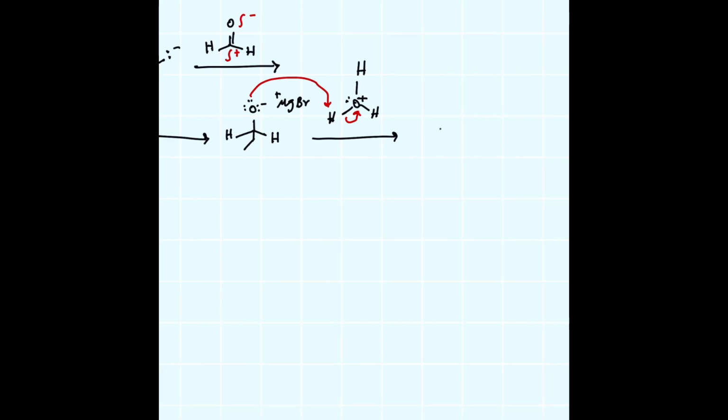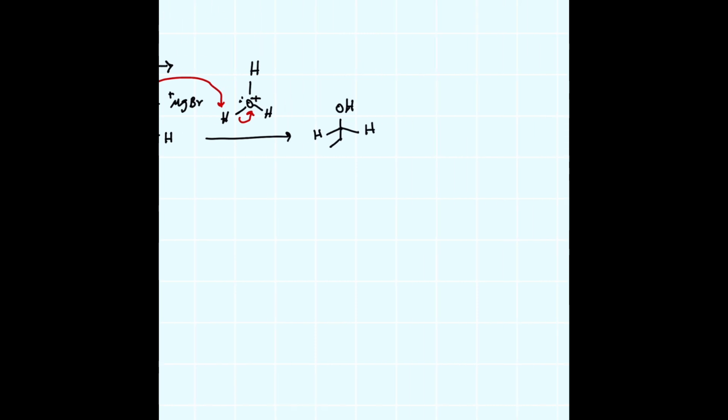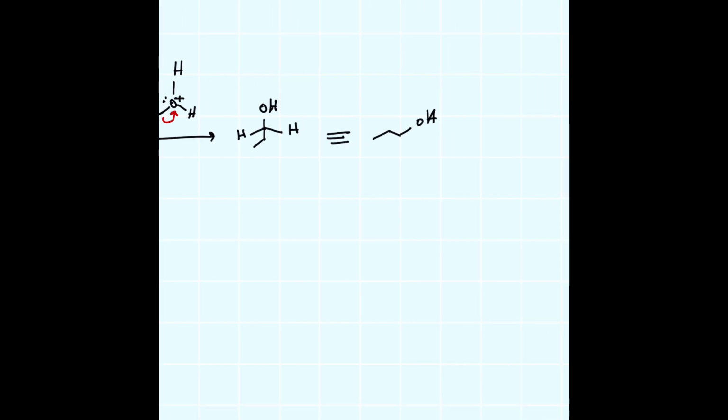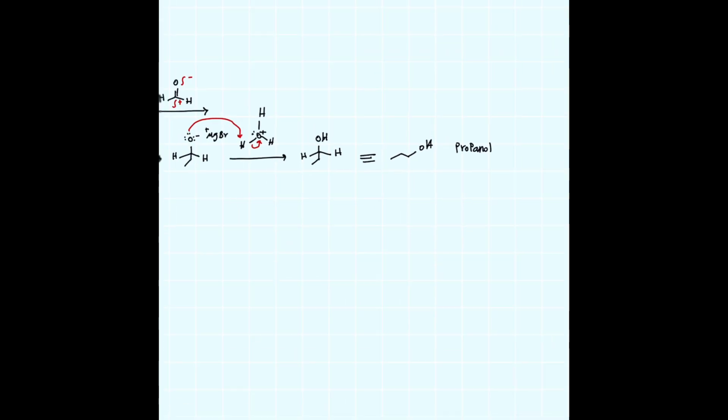In return, we're going to get hydrogen connected to an OH now. And if I were to write this properly, it'd be 1, 2, 3 connected to an OH. So we have propanol right here.